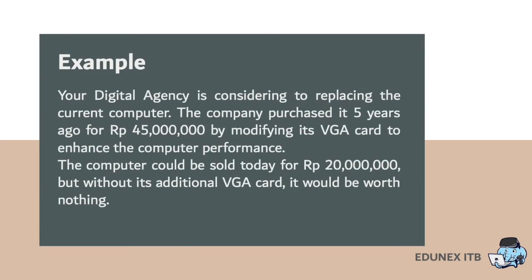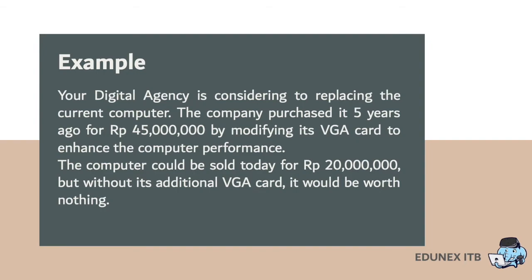Here is an example for better understanding of sunk costs and opportunity costs. Your digital agency is considering replacing the current computer. The company purchased it 5 years ago for 45 million rupiah, modifying its VGA card to enhance the computer performance.